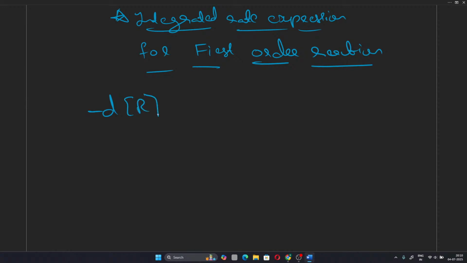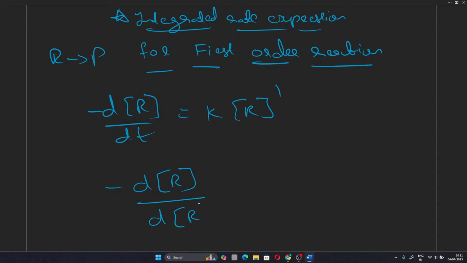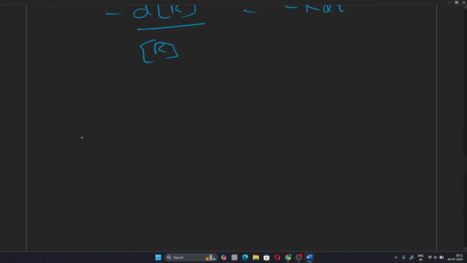Minus dr by dt equals k times r to the power 1, for the reaction r to p. So minus dr by r equals k dt.